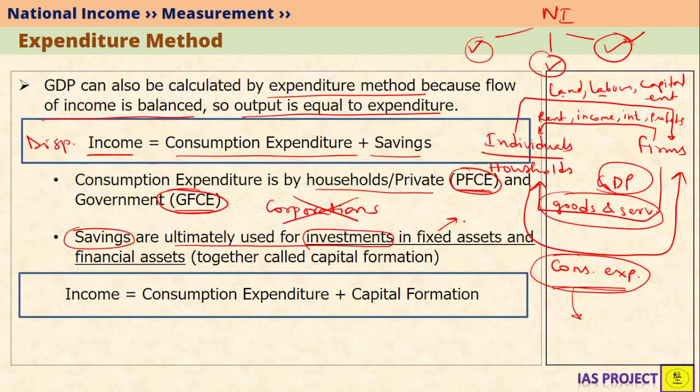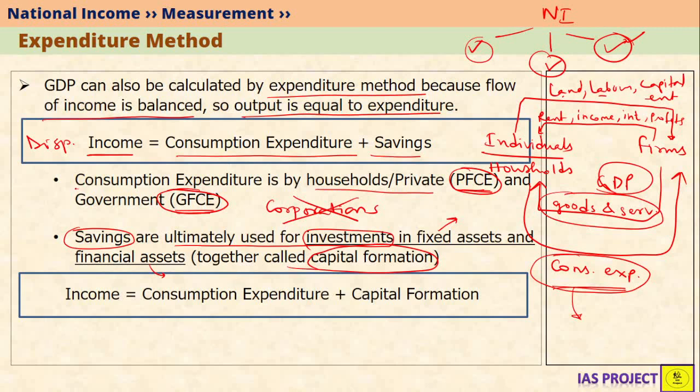Fixed assets can mean simply buildings. Financial assets simply means giving out loans for which you will get back interest. So financial assets as well as fixed assets together are called capital formation in an economy. So let's repeat this point once again because it is very important.